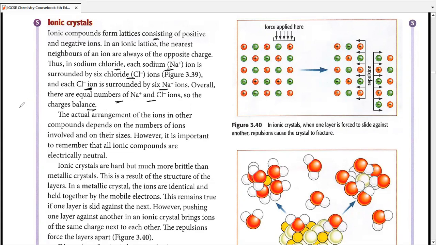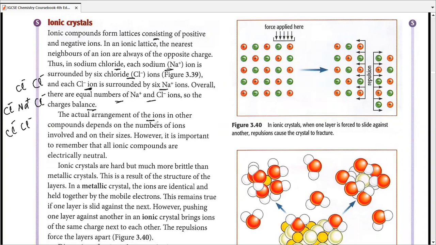How do we put it? Let's suppose sodium ion is in the center, so our chloride ions are going to surround it from top, bottom, right, left, front, and back. That's how each sodium ion is surrounded by six chloride ions, or each chloride ion is surrounded by six sodium ions. And that's how we get their arrangement.